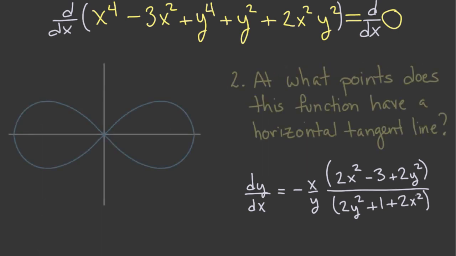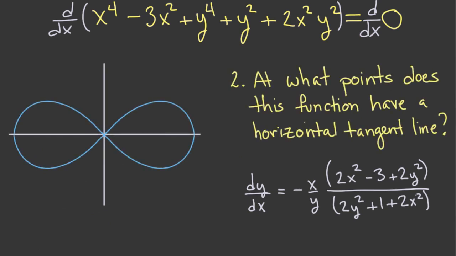Okay, so now let's try to figure out where this curve has horizontal tangent lines. So if the tangent line is horizontal, then dy dx is going to be equal to 0. So this equation is equal to 0 if either x is equal to 0 or this term in parentheses is equal to 0. And notice that if x is equal to 0, then necessarily y is also equal to 0.